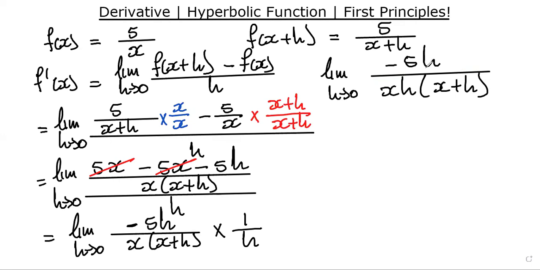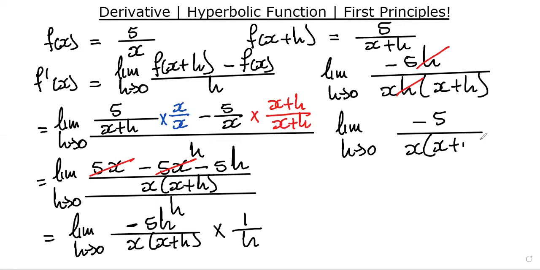Then we can see that the h's will cancel out. So we are left with the limit as h approaches 0. But in the numerator, it's just negative 5. And in the denominator, it's x into x plus h.